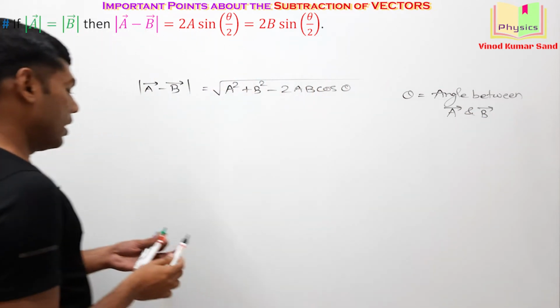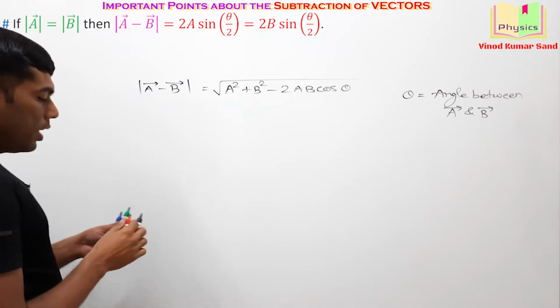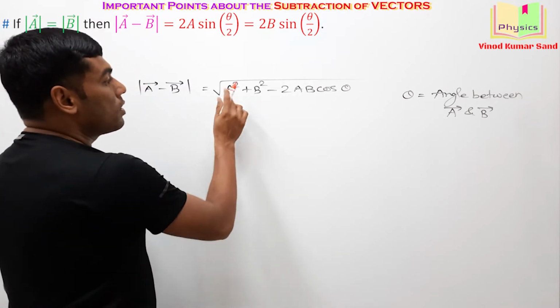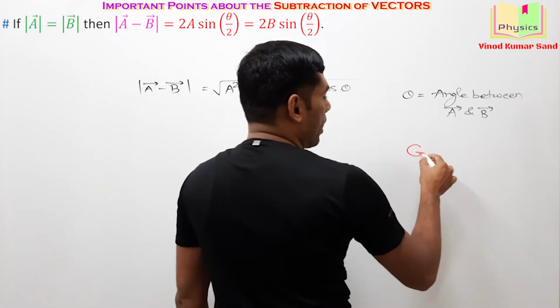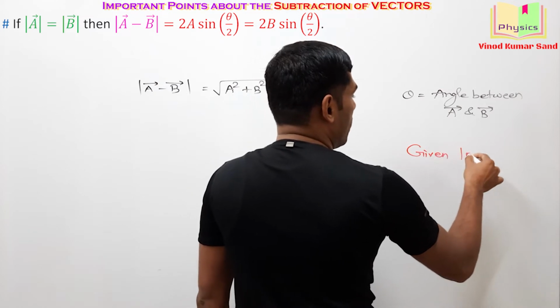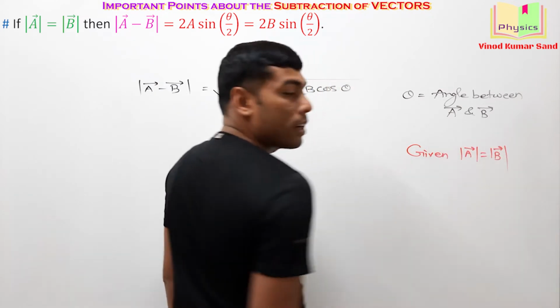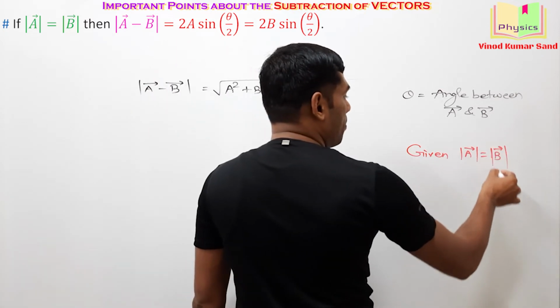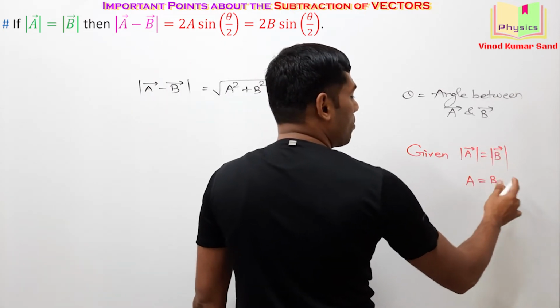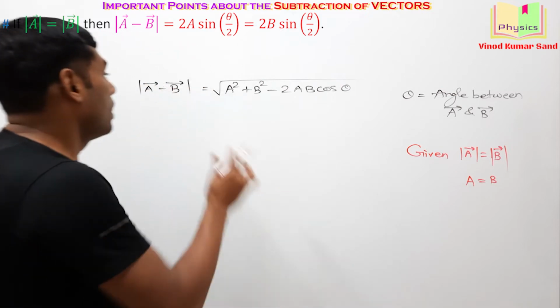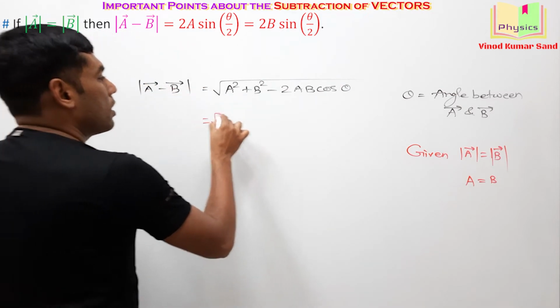Let's proceed further. According to the given question, the mod of A vector is equal to the mod of B vector. It means at the place of A, you can substitute B or vice versa. So I am doing that computation here.